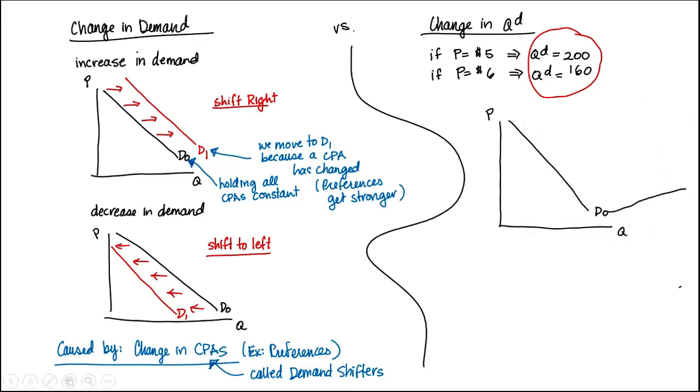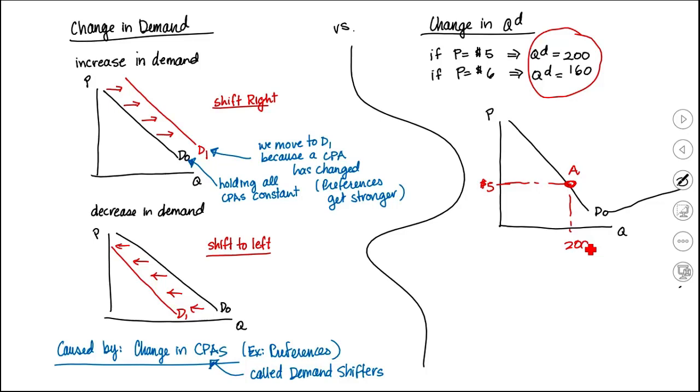Sorry. Ignore my squiggle. So if I wanted to illustrate this situation, I need to start with a price of $5. And that puts us at point A. And quantity demanded is 200. Now what do I need to do? How do I illustrate this, guys?